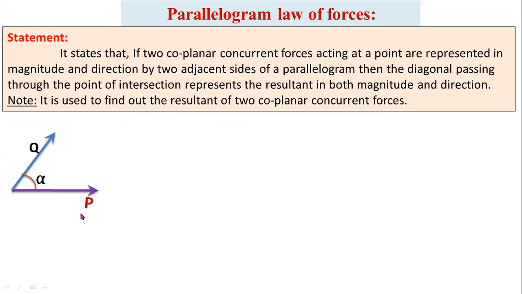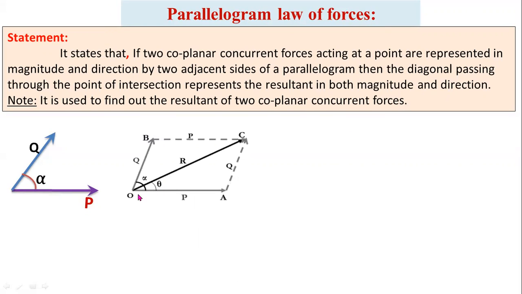So here I consider P as the horizontal force and Q as the inclined force. Alpha is the angle between the P and Q forces. According to the parallelogram law of forces statement, you have to consider a parallelogram for determining the resultant.